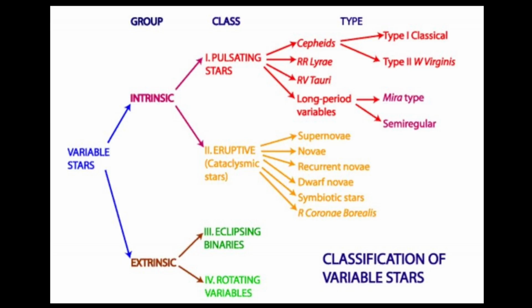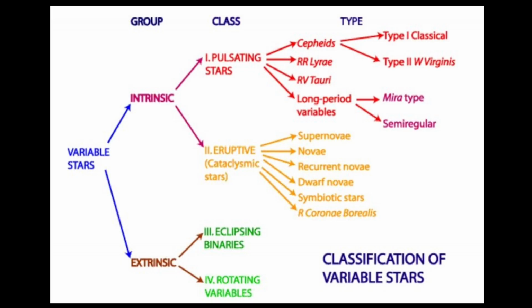As part of the table of contents, I'll be explaining what variable stars are. Then I'll talk about the groupings of variable stars. They are grouped into two: we have intrinsic and we have extrinsic.